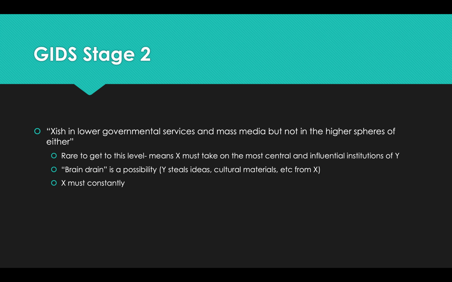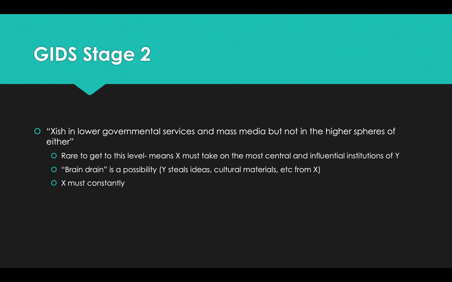It is seen on TV or in music, but the other language is definitely there as well. And then the most prestigious parts of your government, so maybe like how Congress works, or whatever your system is, or like the national news, things like that, are in the dominant language.